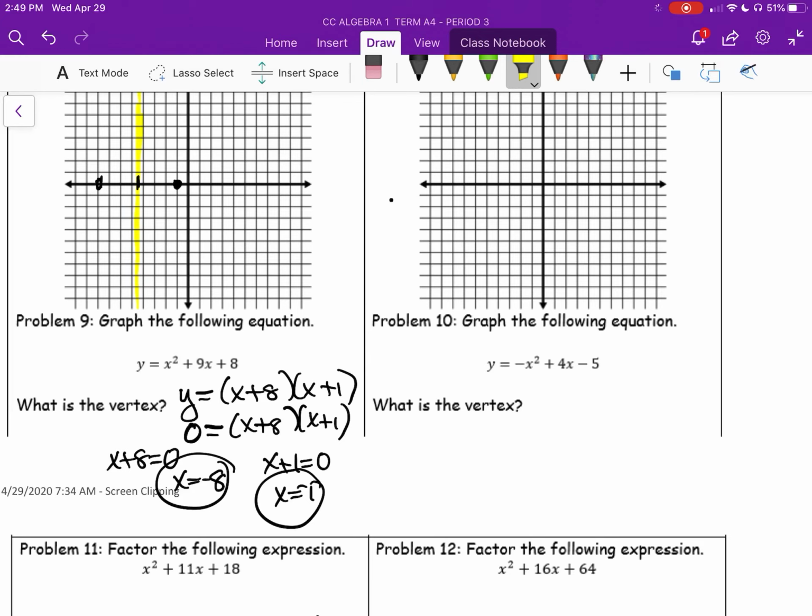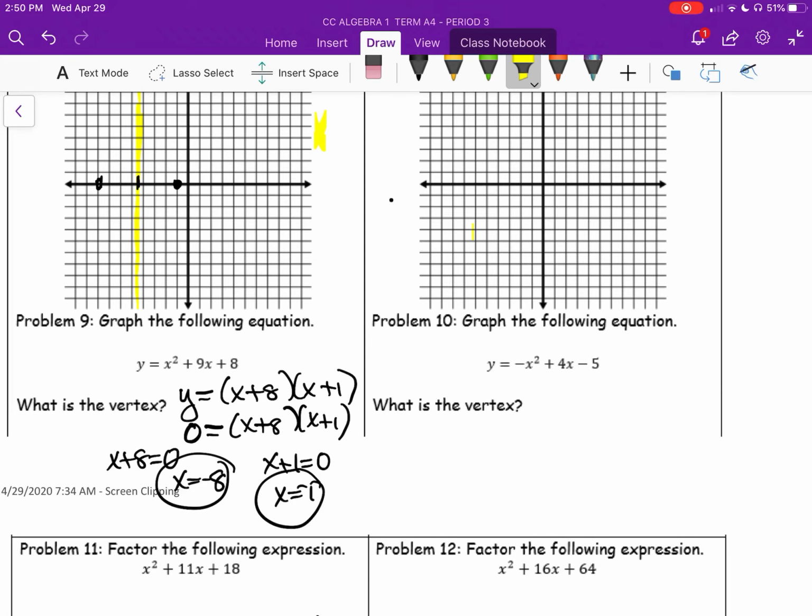So we care about where it's turning. There's a couple tricks. One of the tricks is finding out what that number is. So that number is actually negative 1, 2, 3, 4.5. So x equals negative 4.5.